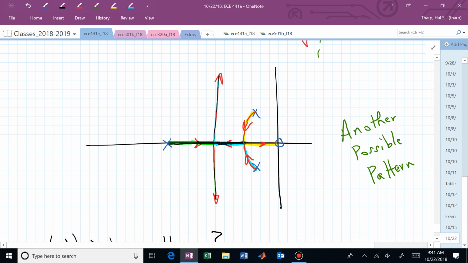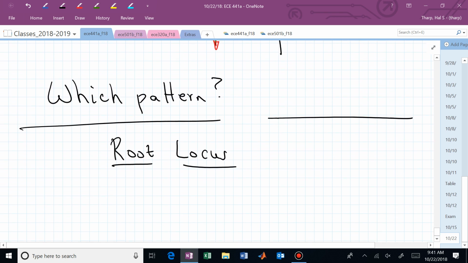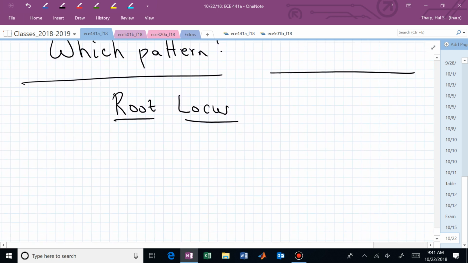Where are the branches? And it doesn't matter whether the 2 that meet go up and one goes down, or the 2 that meet, one goes right and one goes left. There's nothing political here at all. They're just, one goes right and one goes left, one goes up, one goes down. Okay? We need to figure out how that happens.